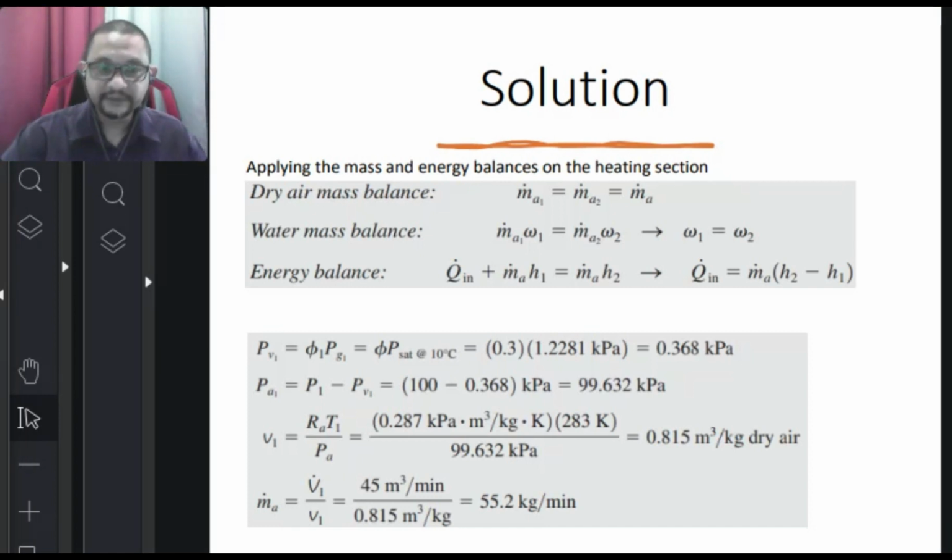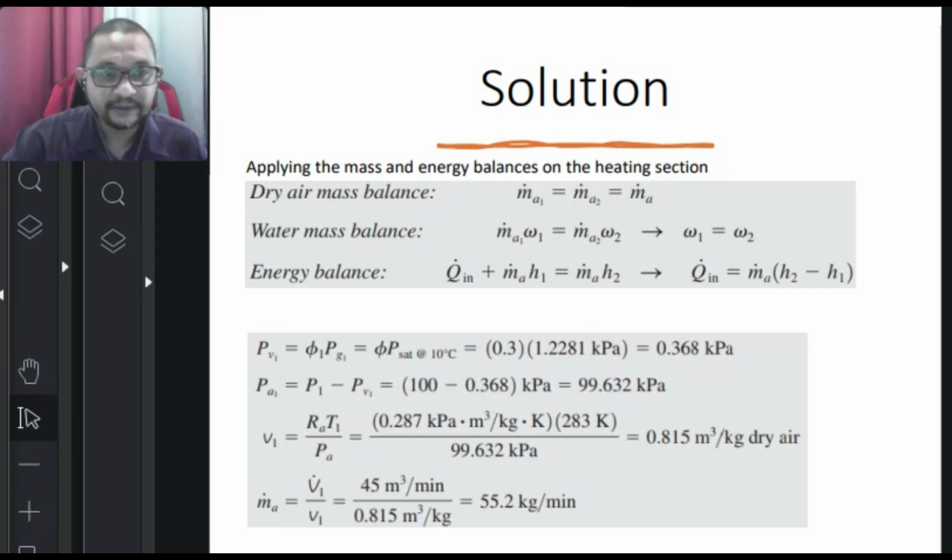Then you have to consider this is not 1 atm. This is 100 kilopascal pressure. So to determine the properties on the psychrometric chart, previously I only showed the psychrometric chart for 1 atm.